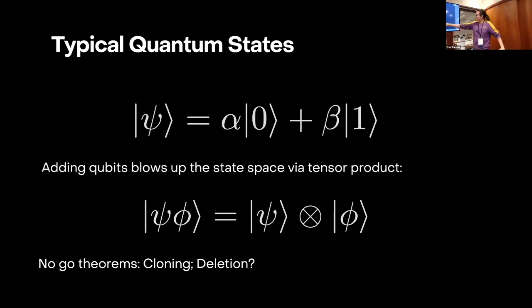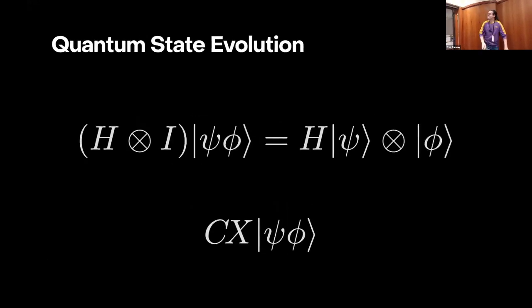But when we put them next to each other, we're making a tensor product of the state space. And yeah, there are some famous theorems which we have to respect when we're building the circuits. You can't clone an arbitrary state, and you can't delete an arbitrary state. I'll come back to that.